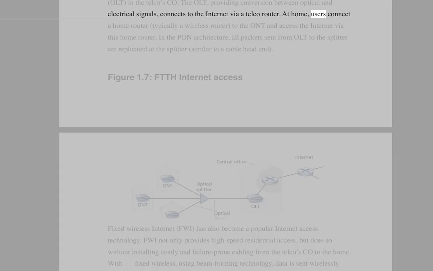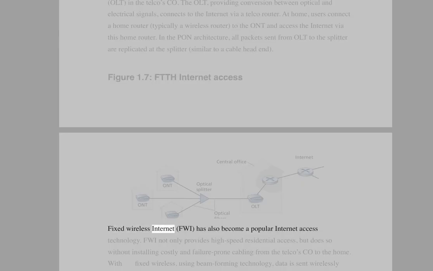At home, users connect a home router, typically a wireless router, to the ONT and access the internet via this home router. In the PON architecture, all packets sent from OLT to the splitter are replicated at the splitter, similar to a cable head end. Figure 1.7, FTTH Internet Access.